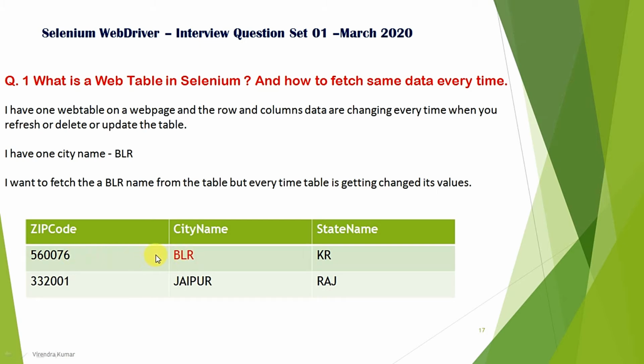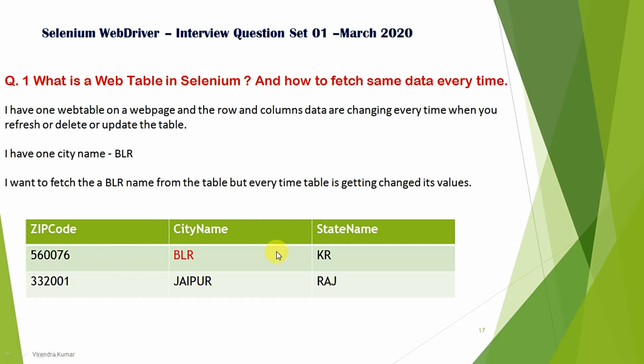But the problem statement is that this table is not a static table. That means if this BLR value is in the first row and second column, then next time when you refresh this table, the value will come to the second row, second column.